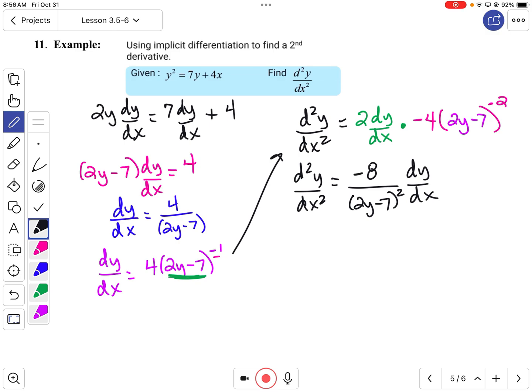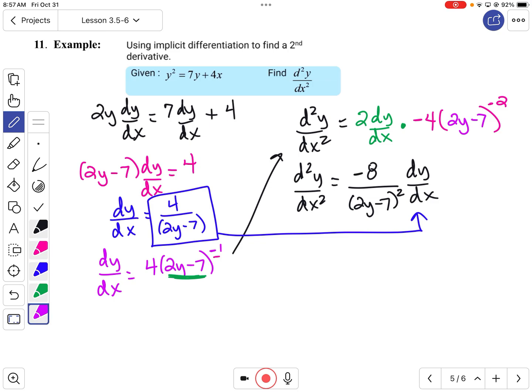Now, here's the tricky part. We can't leave that dy/dx in there. We want something in terms of x and y. But do I know what dy/dx is equal to? Yeah, we already did that. So what we're going to do is plug this in over here for that dy/dx, because we'd already found it.